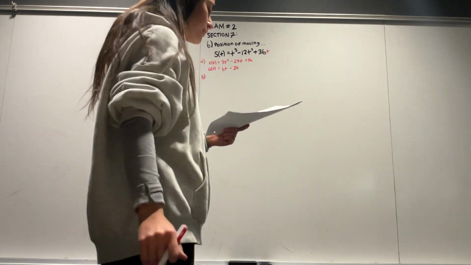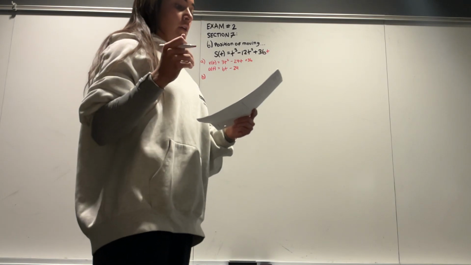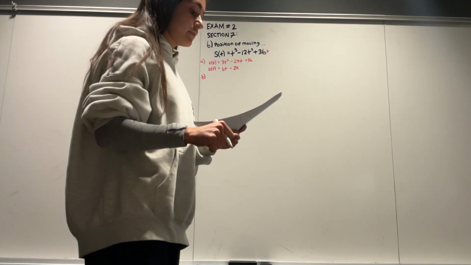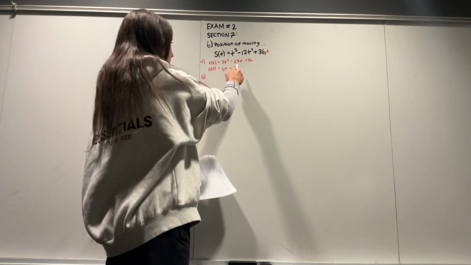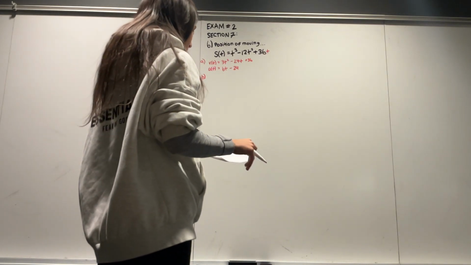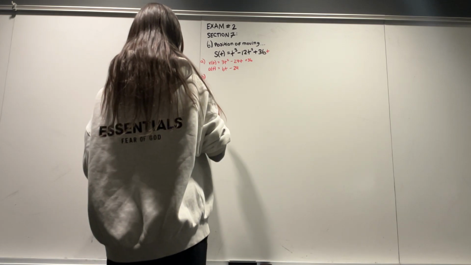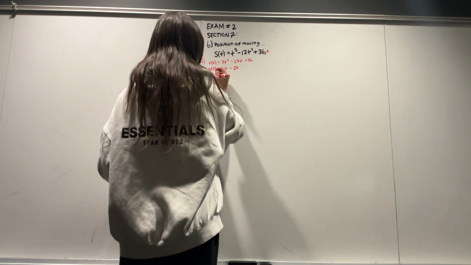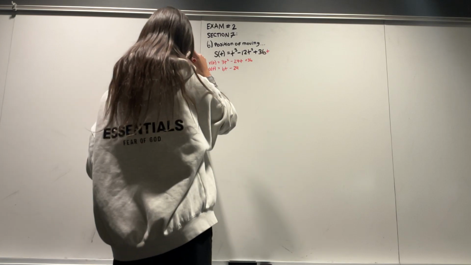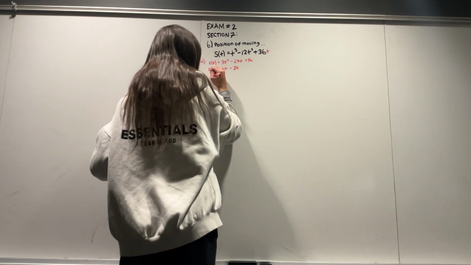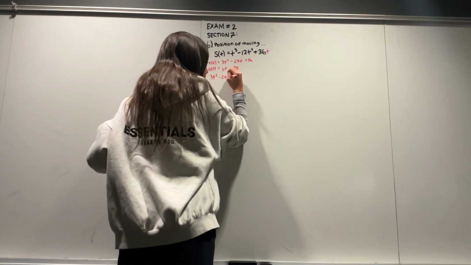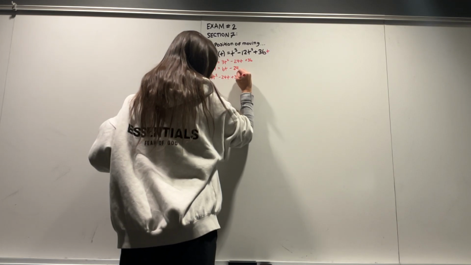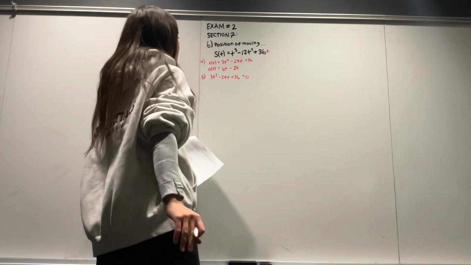Part b says if the first derivative is the velocity equation, when is the particle at rest? What we're going to do is factor the velocity equation and then set it equal to 0. So 3t squared minus 24t plus 36 equals 0.